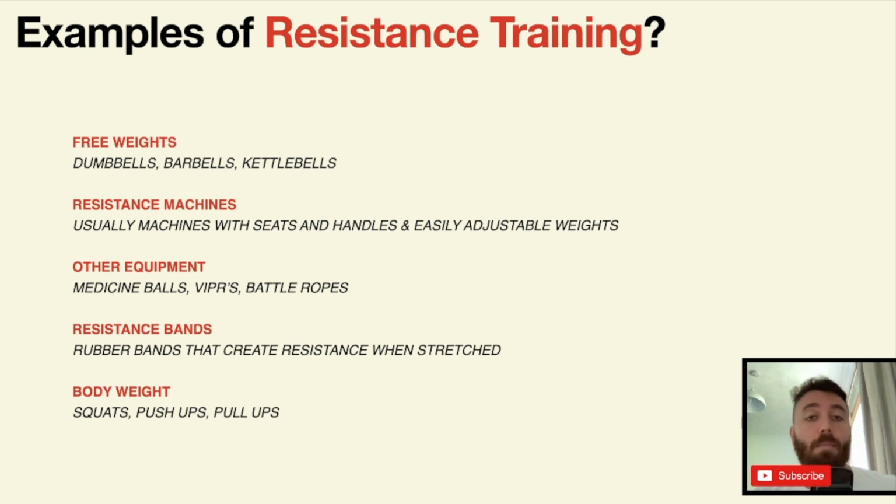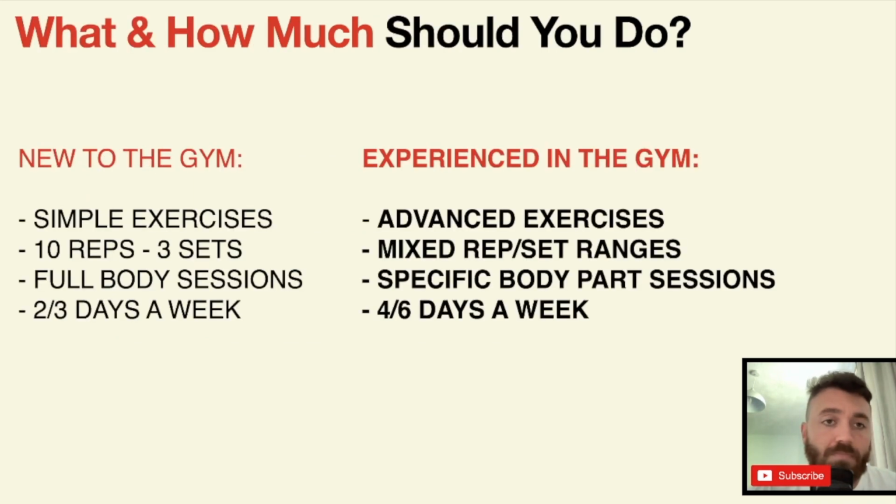It's like a big elastic band, and when you're stretching the band, it's going to create resistance. And at the start, people can use resistance through body weight. So just normal body weight squats, push-ups, pull-ups, that type of thing. You don't always need a weight, but you can use your own body as that resistance.